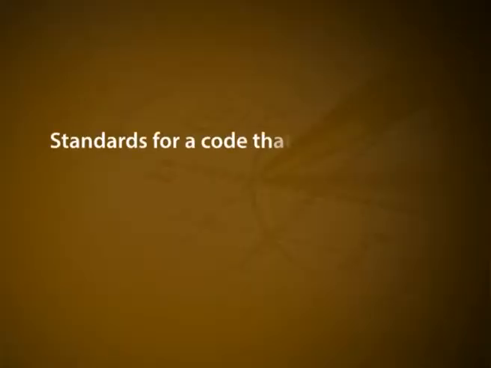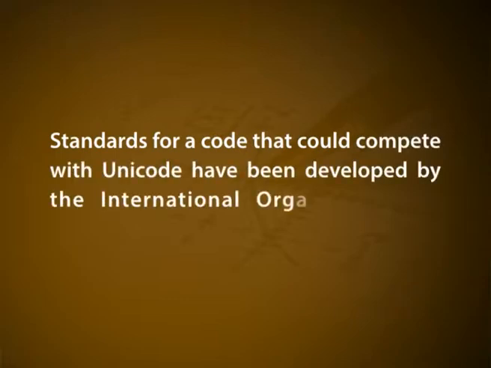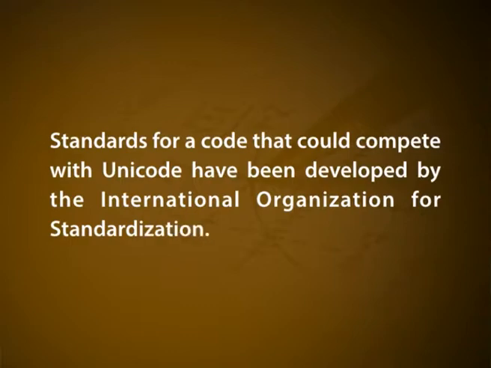As a result, Unicode consists of 65,536 different bit patterns, which is enough to represent the text in Chinese, Japanese, Hebrew, etc. Standards for a code that could compete with Unicode have been developed by the International Organization for Standardization. Using patterns of 32 bits, this encoding system has the potential of representing billions of different symbols.